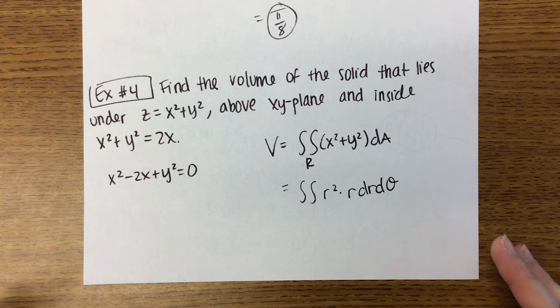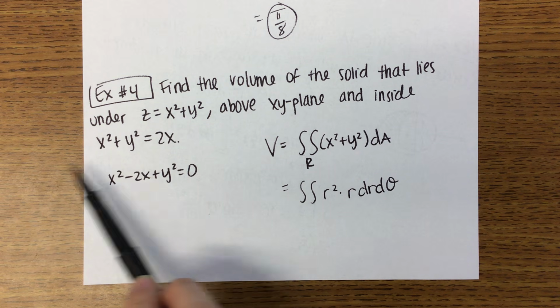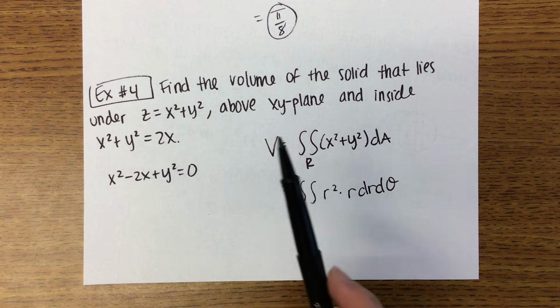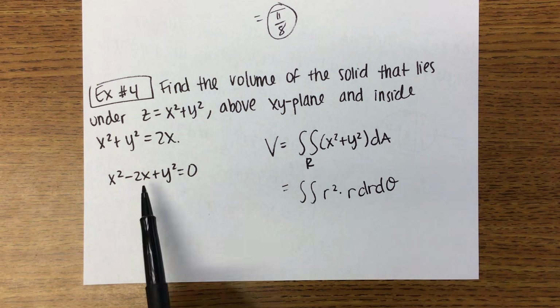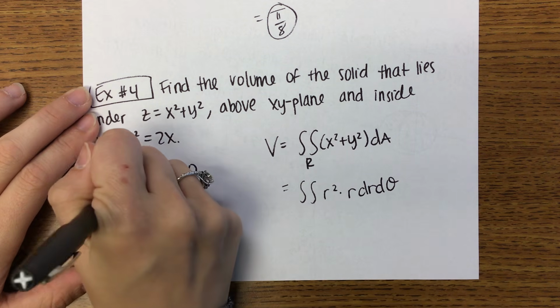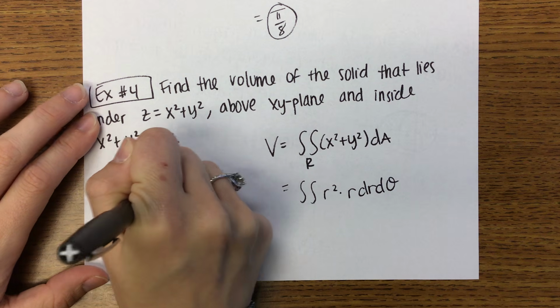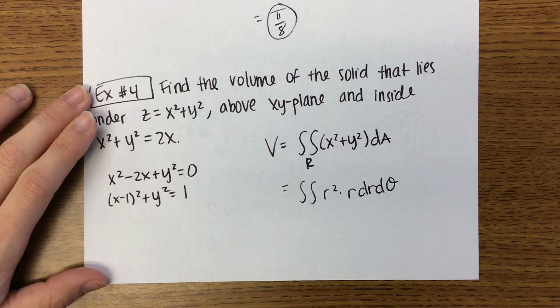Specifically, we're interested in the circle that it makes with the xy plane. So we are interested where this intersects with the xy plane, because that circle will be our region R. If you complete the square here, you end up with x minus 1 squared plus y squared equals 1.